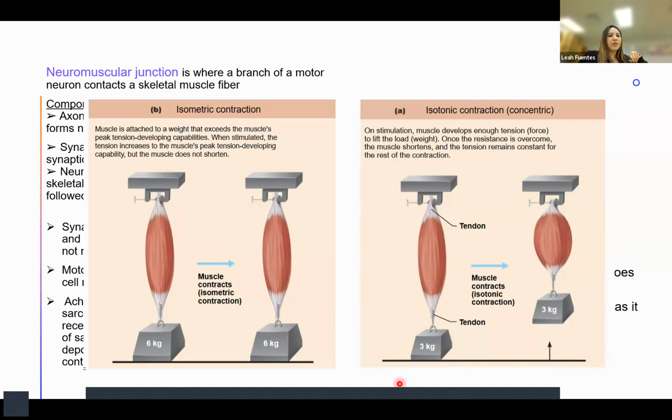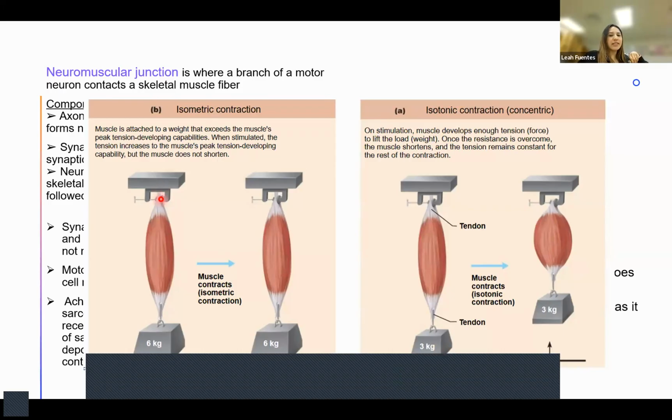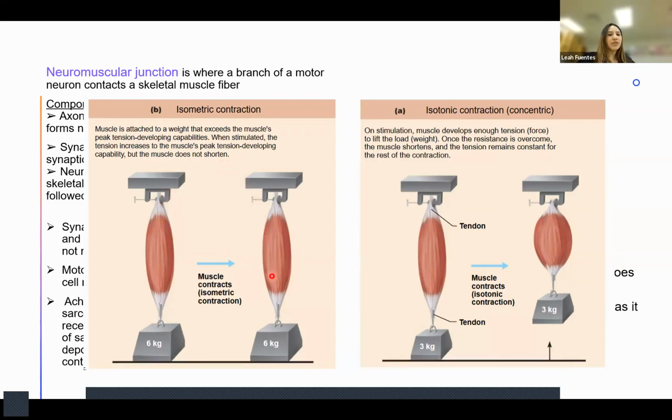Isometric over here, we have the muscle attached to a weight that exceeds the muscle's peak tension developing capabilities. When stimulated, the tension increases to the muscle's peak tension developing capability, but the muscle does not shorten like it does in isotonic. So right here is the tension developing, but it is not shortening.